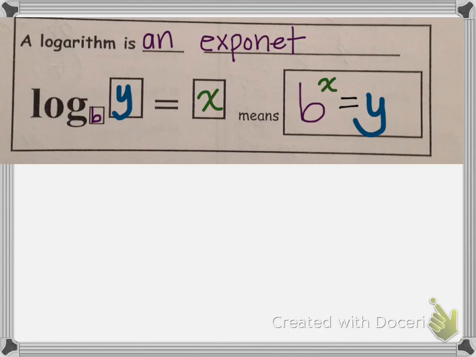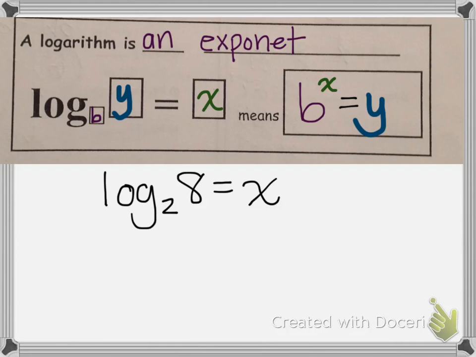We can use this conversion from logs to exponentials to solve problems that may require more work than simply using the properties of equality. For example, if I have something like log base 2 of 8 equals x, my job is to figure out what x equals.